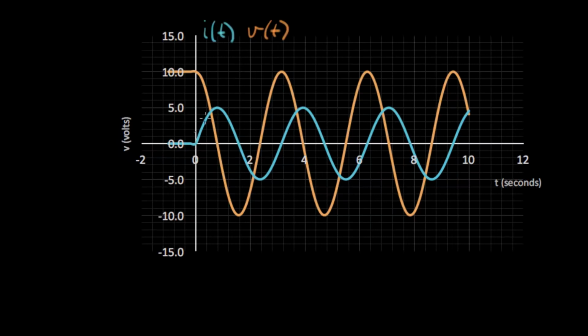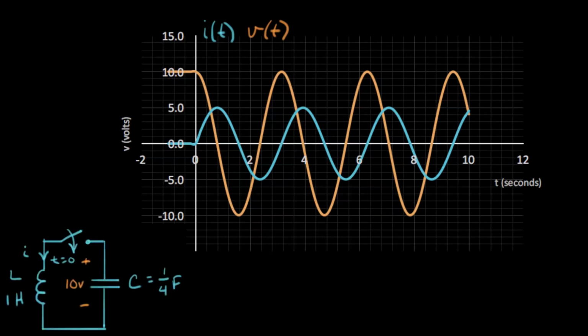The current is a sine wave, and the voltage is a cosine wave. So this is what we were going for. This is the natural response of an LC circuit, and we had two specific component values in it. We saw that we came out with both current and voltage looking like sinusoidal waves. This LC circuit, this is where sine waves come from in electronics. It's pretty cool.